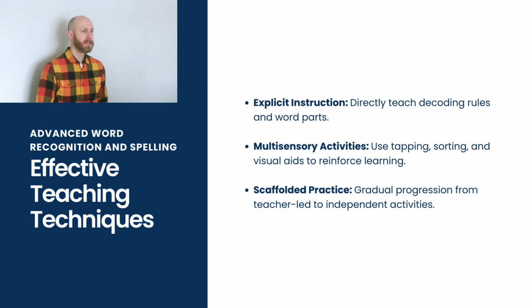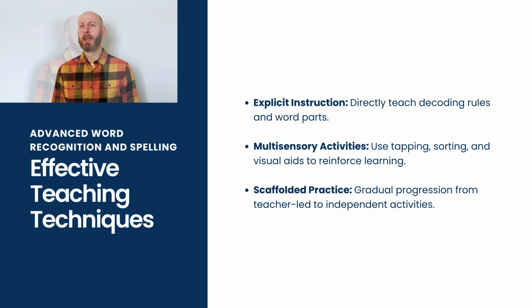And third, scaffolded practice. Start with teacher-led activities, then gradually release responsibility to students as they gain confidence. In the next few slides, we'll cover specific instructional strategies for teaching advanced word recognition and spelling.